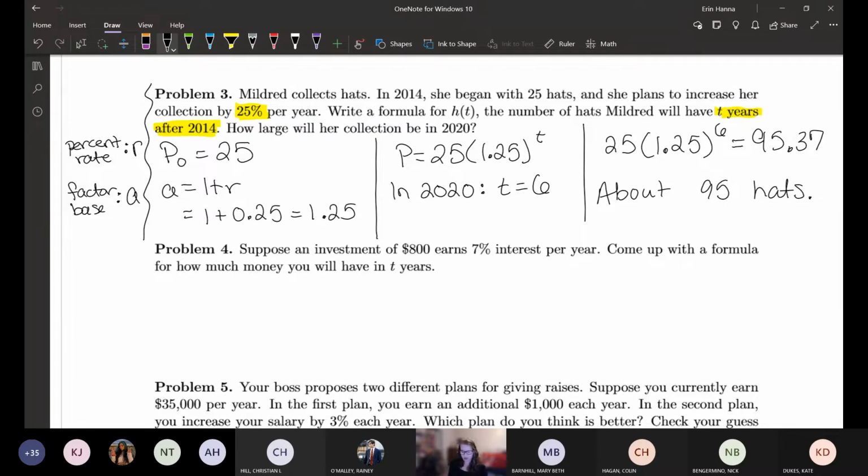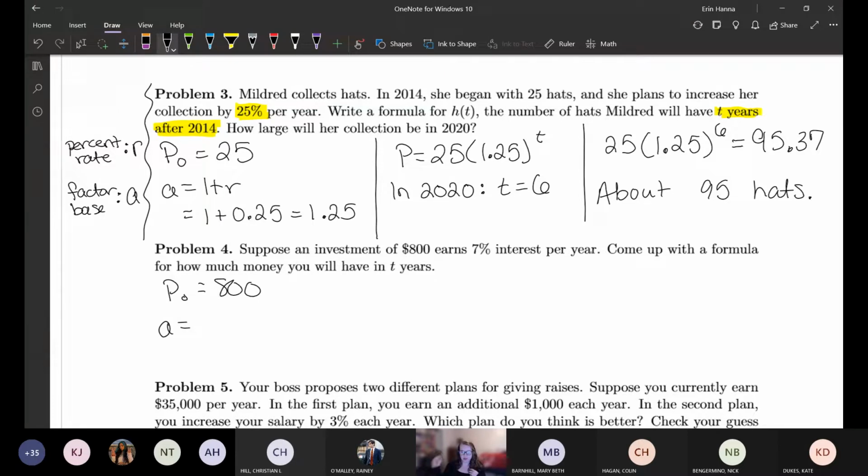If there are no questions on that, we'll go to the next one, which is: suppose you invest $800 that earns 7% interest per year. Come up with a formula for how much money you will have in t years. This is another exponential function. We need our P naught and our a value. Our initial value, we're starting with the investment of 800.